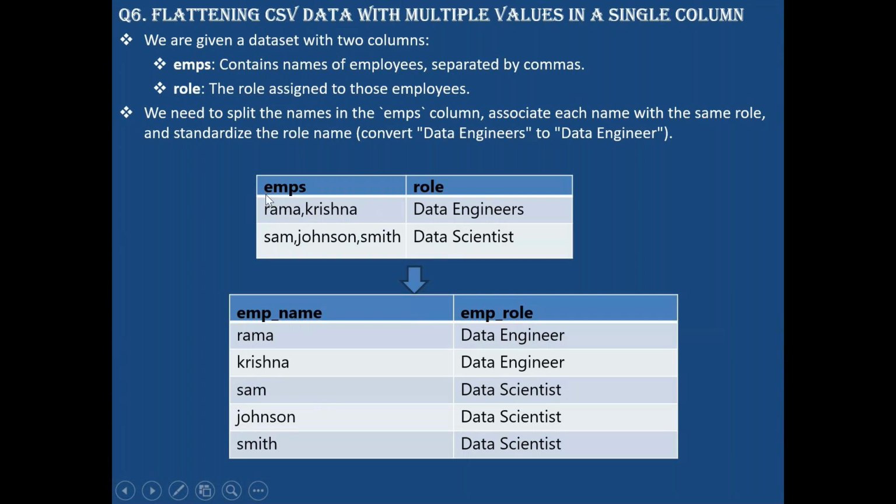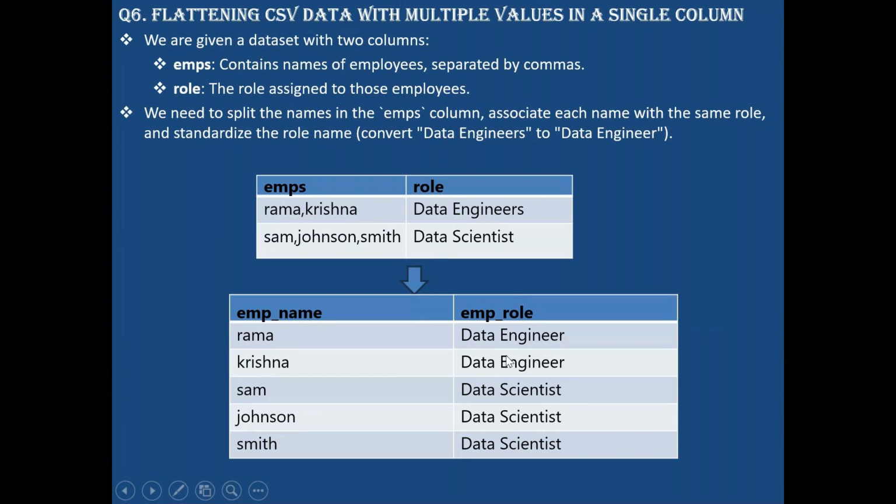So we need to split the names in the employee column and associate each name with the same role. See, Rama and Krishna are associated with the same role, data engineer. We need to split that and standardize the role name.